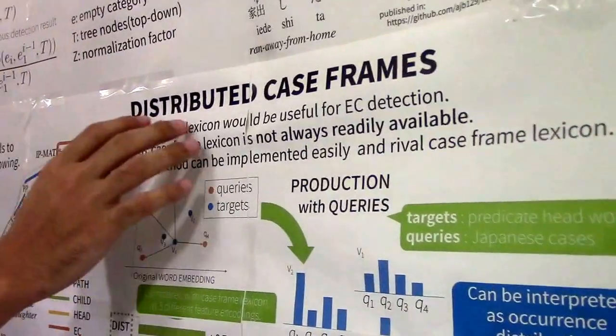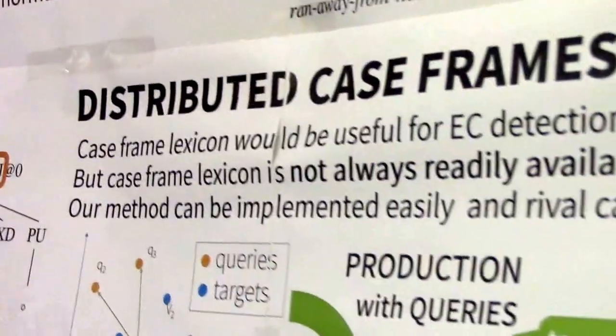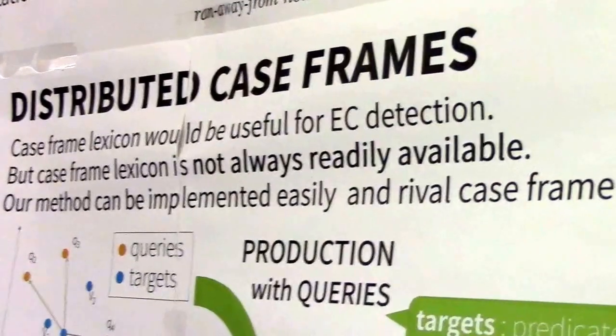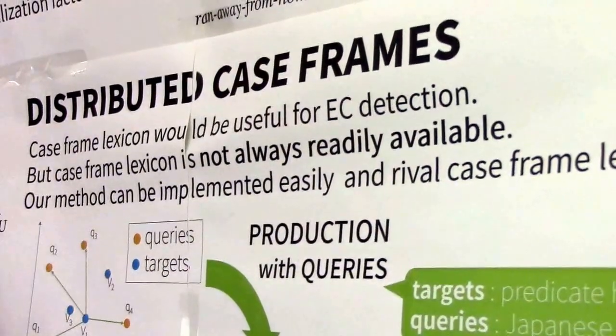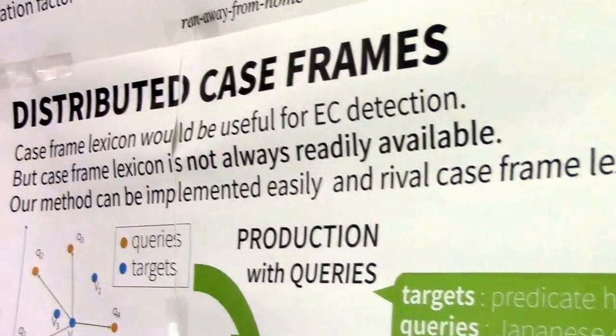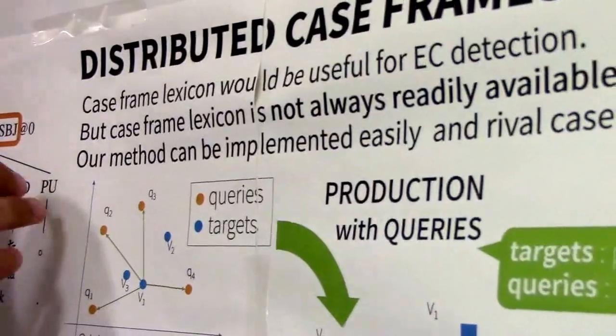We introduce another feature, distributed case frames. A case frame lexicon would be useful for empty category detection, but a case frame lexicon is not always readily available. So to solve this problem, we propose distributed case frames.